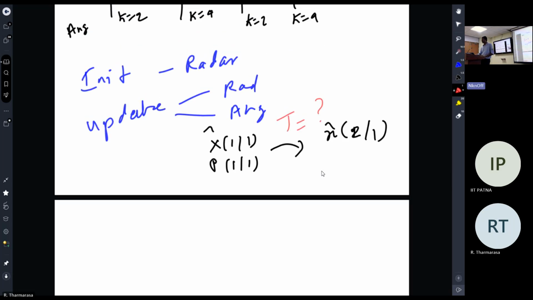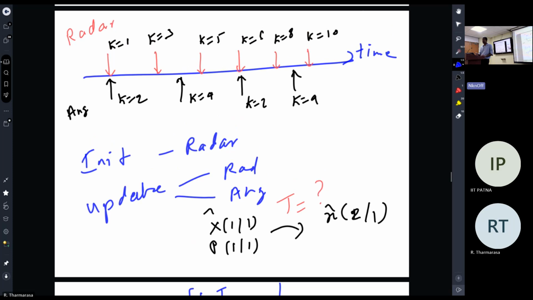You would use an F in the Kalman filter with 1, T and so on, right? What should be the value of T that you would use when we go from this time step to this? 0. Is that right? T should be 0. That means what? This is equal to this, and the predicted covariance is also the same. No noise. No Q. Okay?